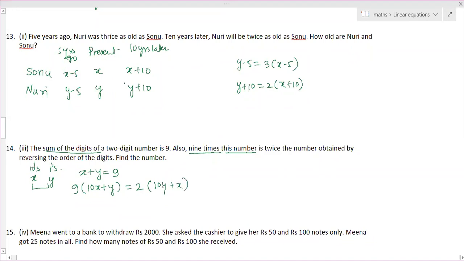9 into 10x plus y is equal to 2 into 10y plus x. So solve these two equations. 90x plus 9y is equal to 20y plus 2x. So it is 88x is equal to 11y. 8x is equal to y. So substitute this value in this equation.